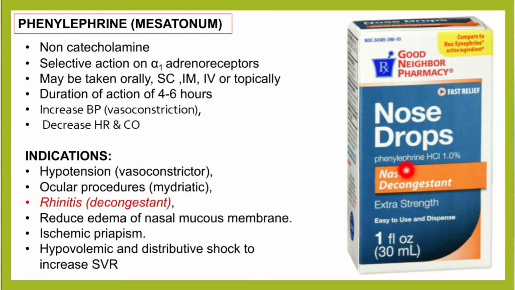It's very important. It also reduces edema of the nasal mucosa and is used in ischemic priapism. This drug is very important in hypovolemic shock and distributive shock, because it increases the systemic vascular resistance.